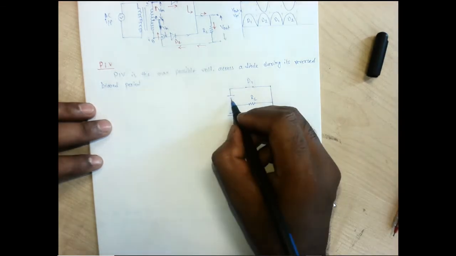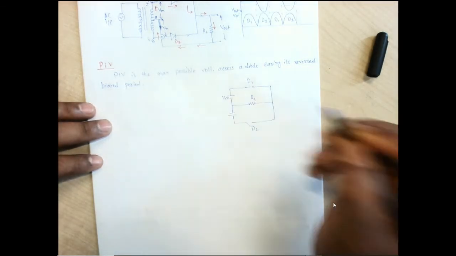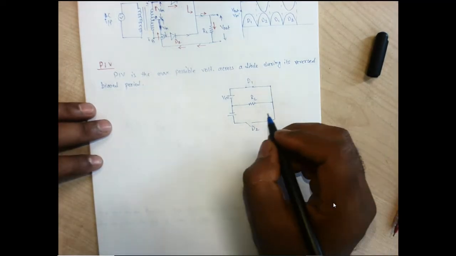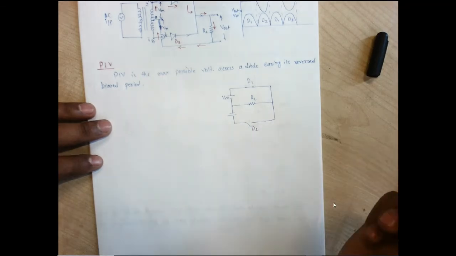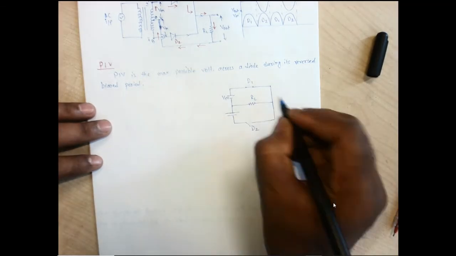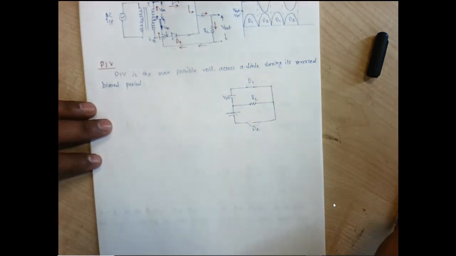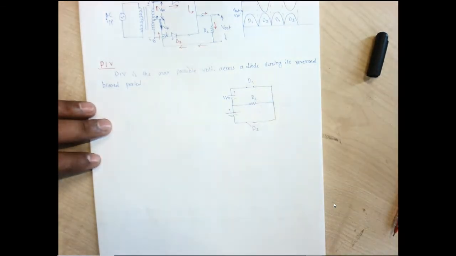For this case, if we consider this Vm, it will most probably have opposite polarity, because this is supposed to have the negative value here. So I have to write this one like this: this is positive, this is negative, this is positive, this is negative.